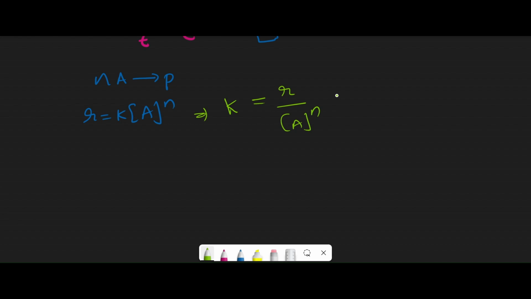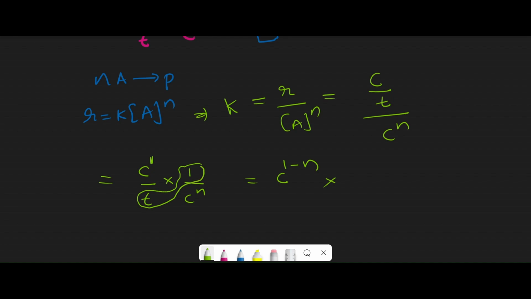You can take a formula to derive the rate constant units for any order. So r equal to, as I have just explained, c by t, and here it will be c power n. That means c by t into 1 by c to the power of n, that means c power 1 minus n, into 1 by t.